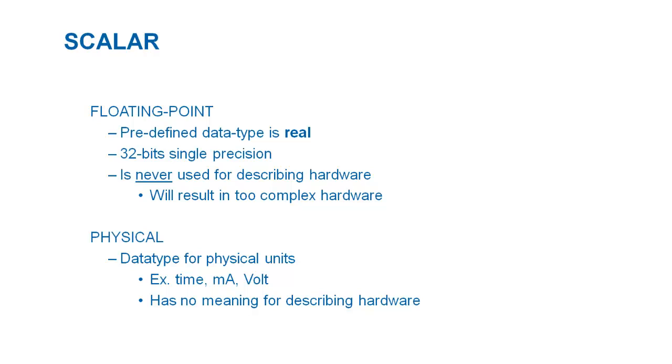However, for simulation purposes, you can always use floating points as a data type. You also have type physical, for example for time, frequency, voltage, and current. This also has no meaning in hardware in VHDL. It's only convenient for you as an engineer to know what kind of physical unit it represents, and what kind of operations you can use on them.